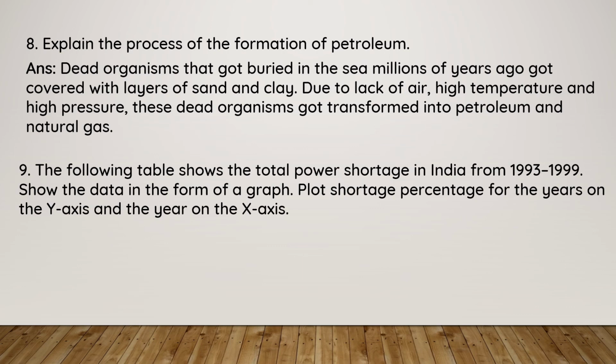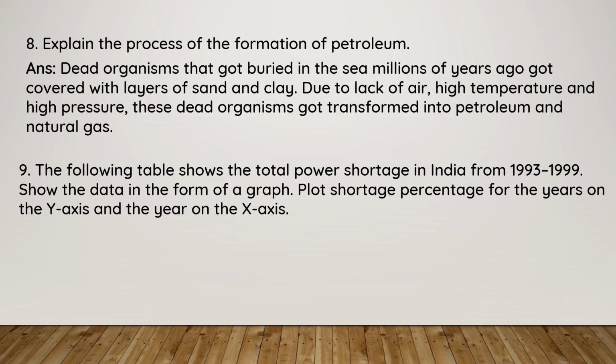Eighth one, explain the process of the formation of petroleum. Dead organisms that got buried in the sea millions of years ago got covered with layers of sand and clay. Due to lack of air, high temperature and high pressure, these dead organisms got transformed into petroleum and natural gas.